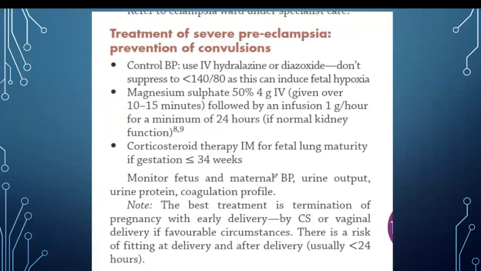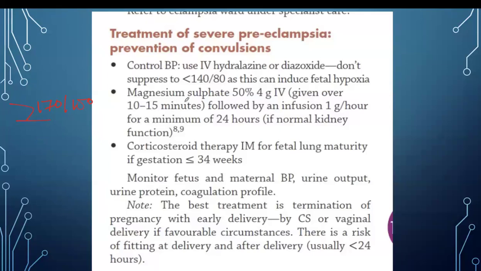Now, let's talk about further treatment. So let's say you have got a patient with severe preeclampsia. With severe preeclampsia, you know that either the blood pressure is above 170 by 100, or the patient has any of those severe features: renal failure, liver failure, a hematological problem, a neurological problem.